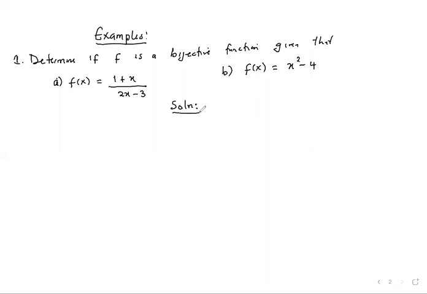Well, we need to check if this function is one-to-one. At the same time, we check if this function is onto. The easiest way of doing that is to check if both f and f inverse are one-to-one.